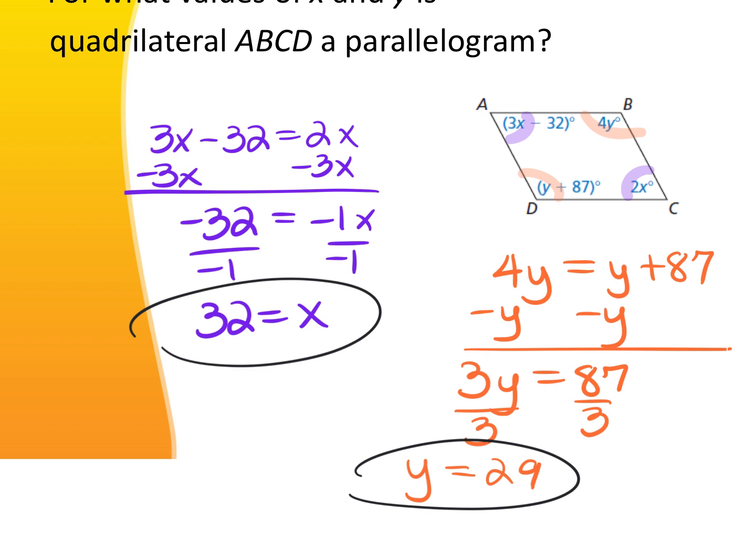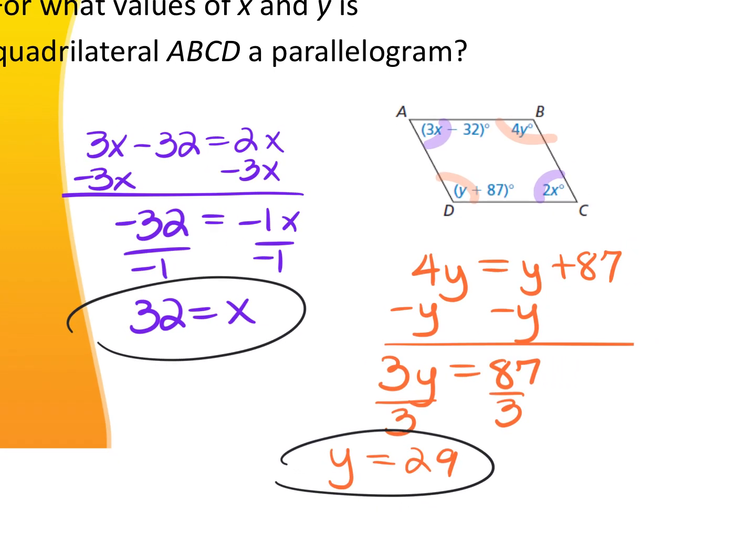Remember, if they ask you to find the measure of an angle, we would just plug it back in. So for example, if they said, find the measure of angle B, you would take what B equals, 4Y, take 29, plug it in, and angle B would equal 116.